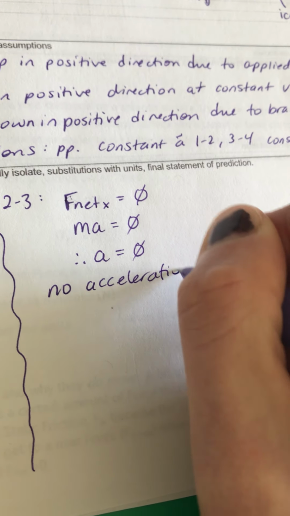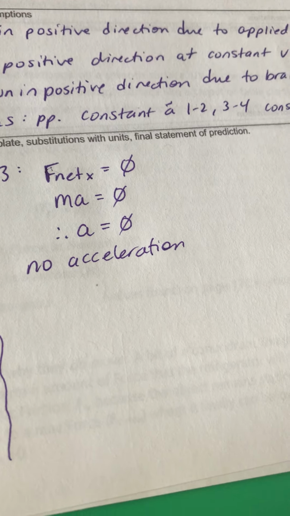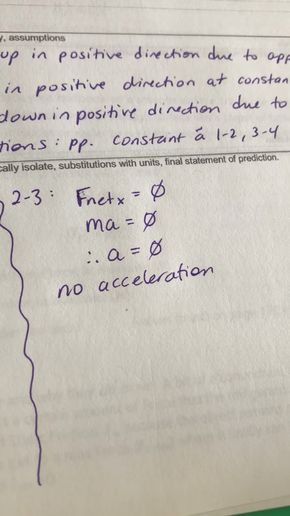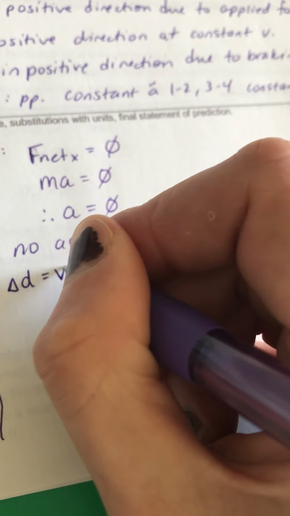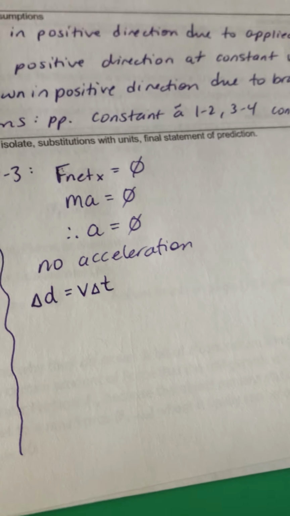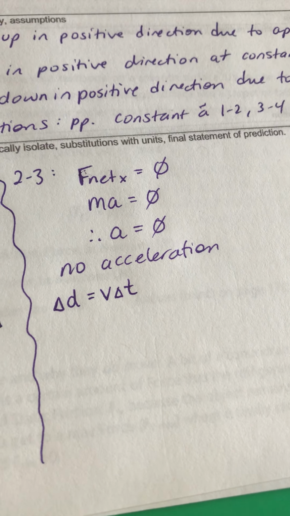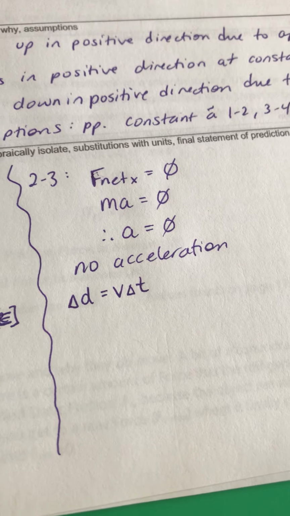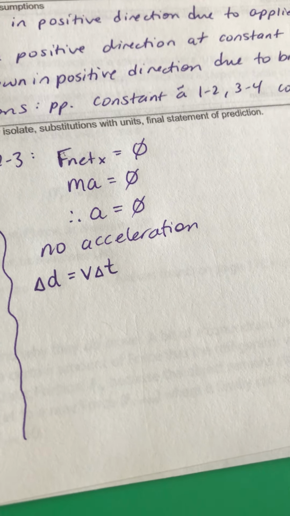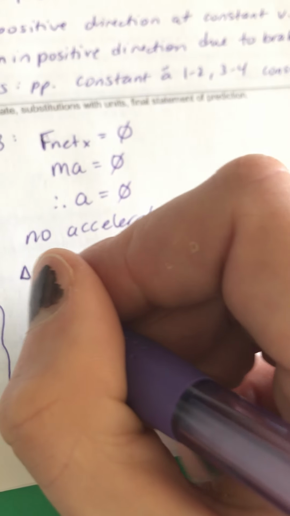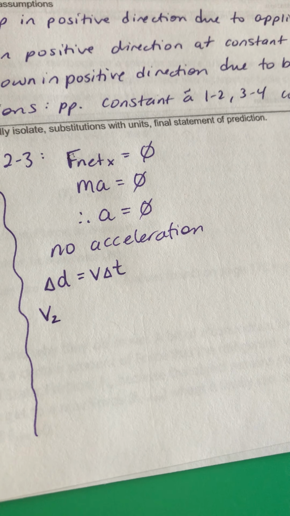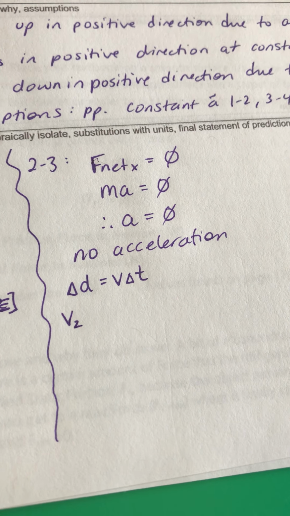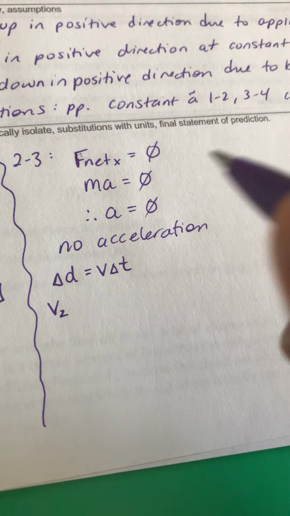That makes sense because it says it's moving at constant velocity. So we can find the distance that it travels in that time, or the displacement, using our constant velocity equation. But we don't know the speed at this point. So what we need to find is v2, which is the speed it reaches after events 1 to 2.